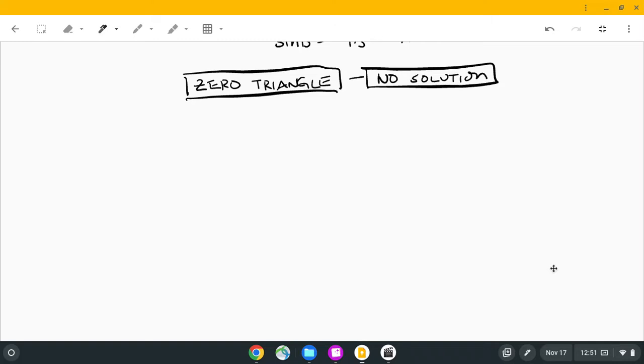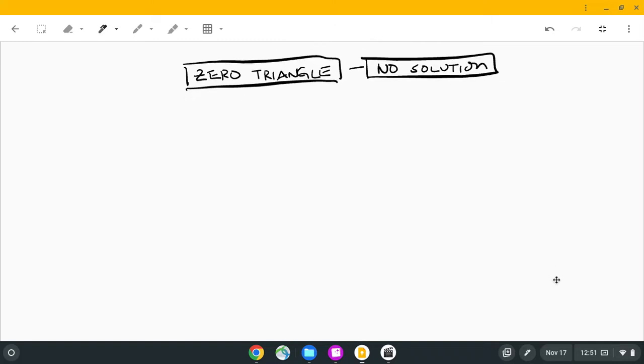Okay, so let's take a look at the one triangle case. Like, how do you know if it's only one? How do you know it's not two, right? Okay, so here's the one triangle case.